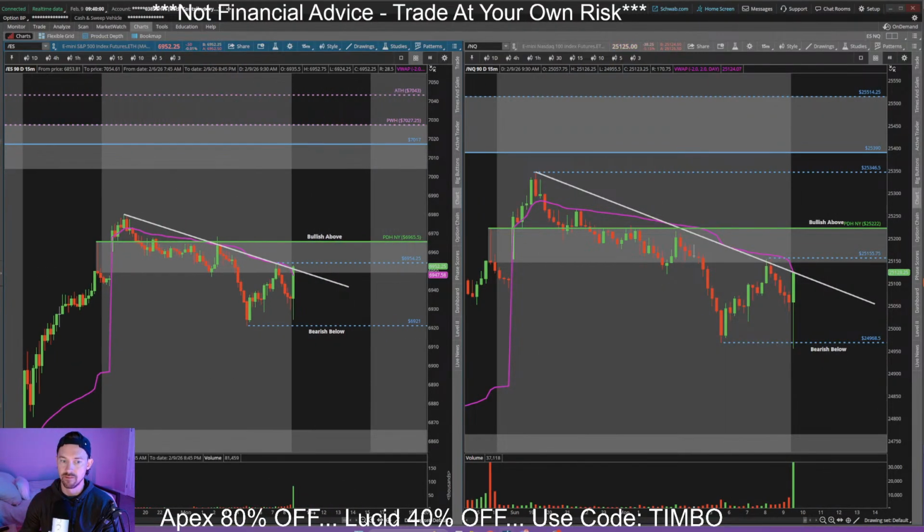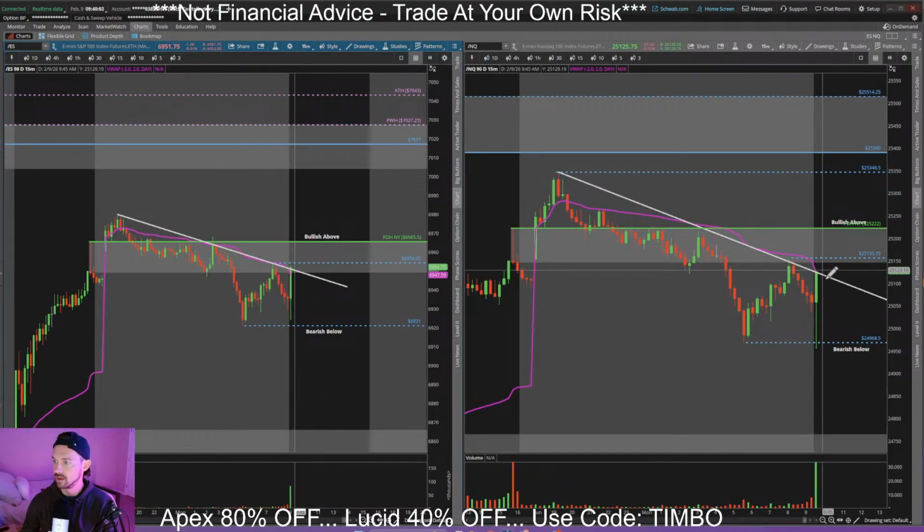ES kind of moving above that VWAP. NQ's right back up to the VWAP here.